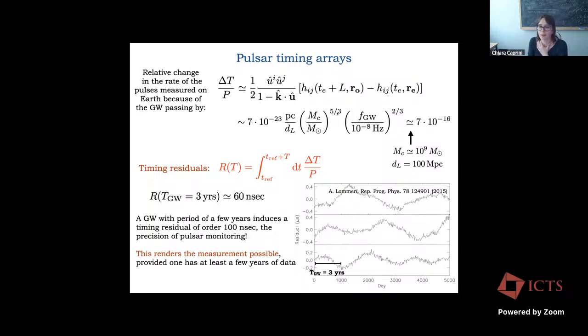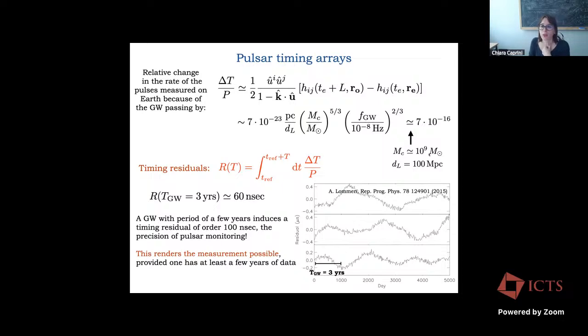It is the standard one at zeroth order post-Newtonian expansion for a binary emitting gravitational waves. And then it goes like the frequency of the gravitational waves to the 2/3, now normalized to 10 to the minus 8 Hertz. With this normalization, we see that this is the prefactor here.